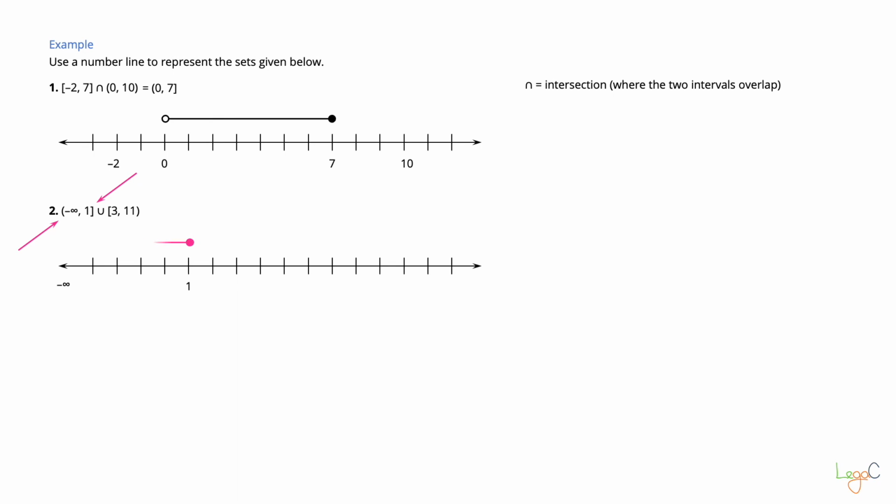The next interval starts at 3 with a dot because there is a square bracket, and ends at 11, which is a round bracket, so we are going to have a circle. So this union is represented by these two horizontal lines on the number line.